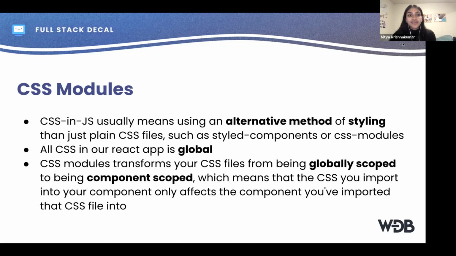So the purpose of CSS modules is to make sure that your styles are not globally scoped, but instead component scoped. So instead of having all the CSS apply to every single component in the app, you want square to only apply to square, board to apply to board, and so on and so forth. Everything is component scoped instead.